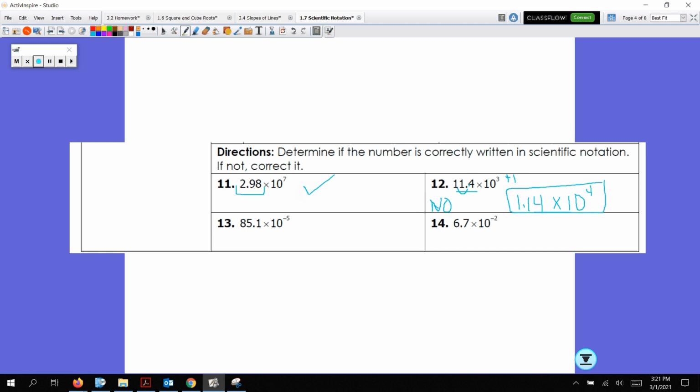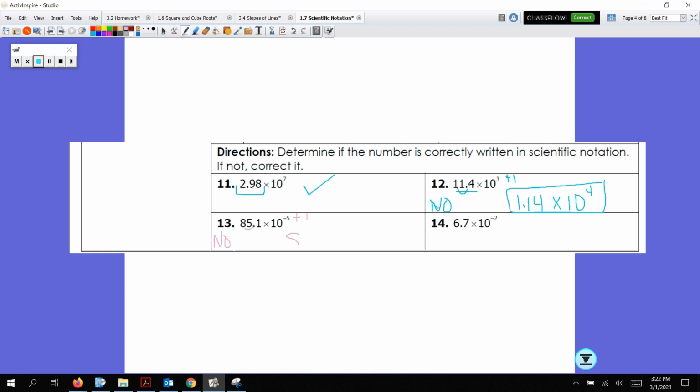Beautiful. All right, let's look here. Now we have another example. Number 13. I'm looking at this number 85.1, and yes, it's bigger than 1, but it's definitely not smaller than 10. So this is a no. So what we need to do is we need to move the decimal one place to the left. So we move it to the left. It's positive. We're going to add 1 to our little exponent here.